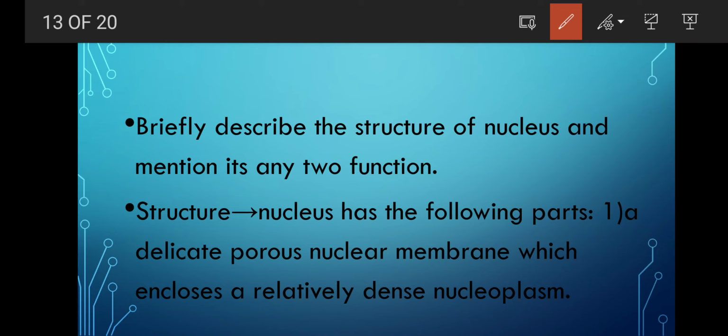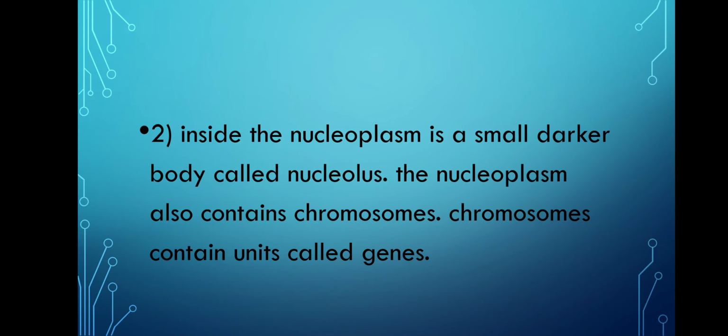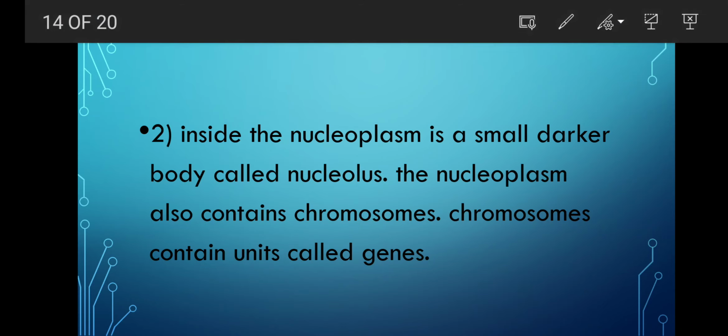briefly describe the structure of nucleus and mention any two of its functions. So first I will discuss the structure. Nucleus has the following parts. A delicate porous nuclear membrane which encloses a relatively dense nucleoplasm. And second, inside the nucleoplasm, a small darker body called the nucleolus.